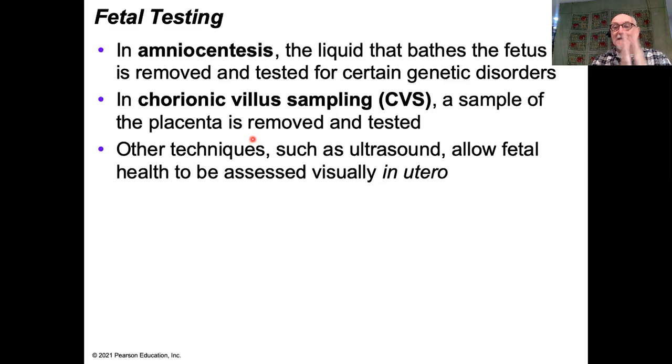They are quite separate from one another. And the placenta is in fact fetal tissue. So if you sample from the placenta, you're sampling fetal tissue. And from that, various genetic disorders, genetic status can be determined.